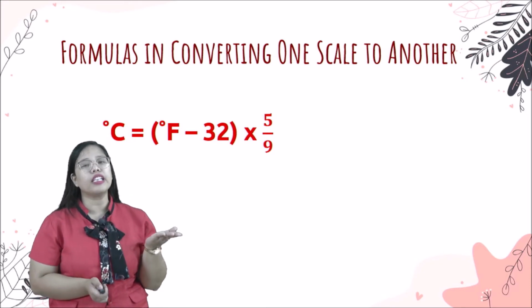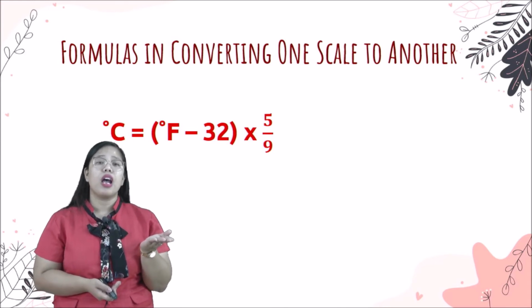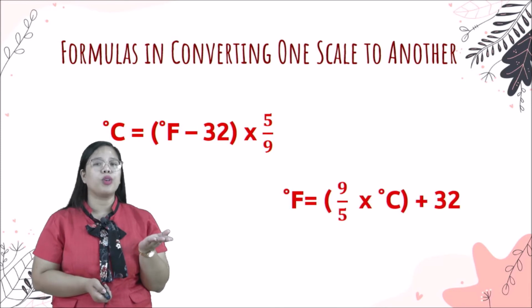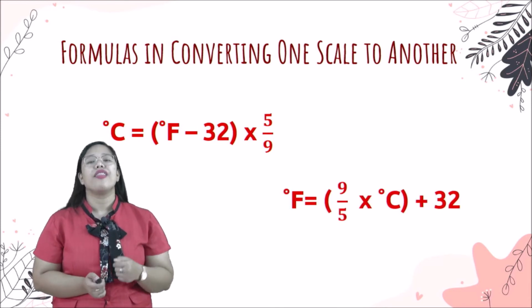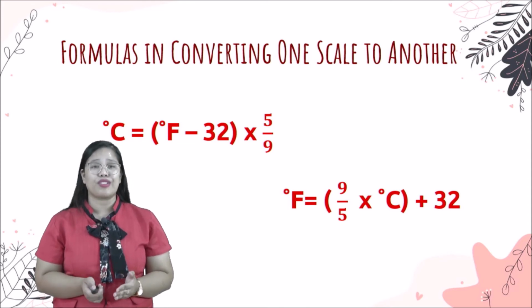And in converting degrees Celsius to degrees Fahrenheit, we will be using the formula: degrees Fahrenheit equals the quantity of 9 over 5 times degrees Celsius, plus 32.